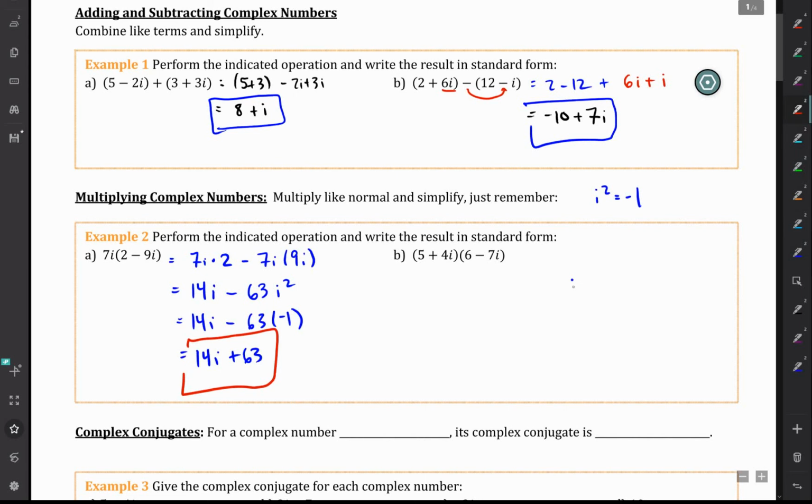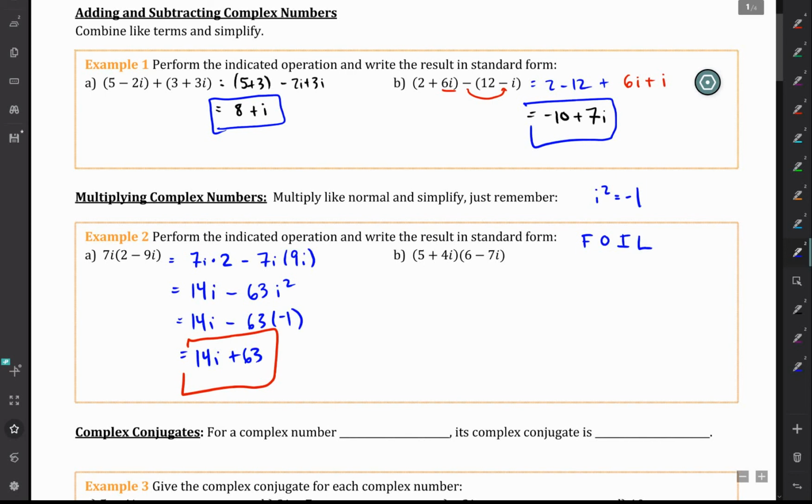Okay, and in part B you're going to want to FOIL, so maybe you should take a second to try and do that on your own. Just pause the video, do it on your own, and then check your work compared to what I'm about to do. So when we FOIL, we're going to do first, outside, inside, and last.